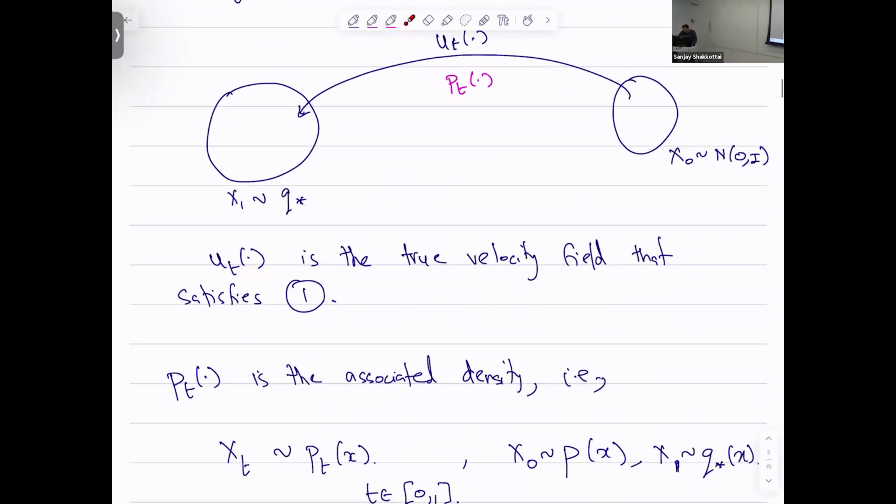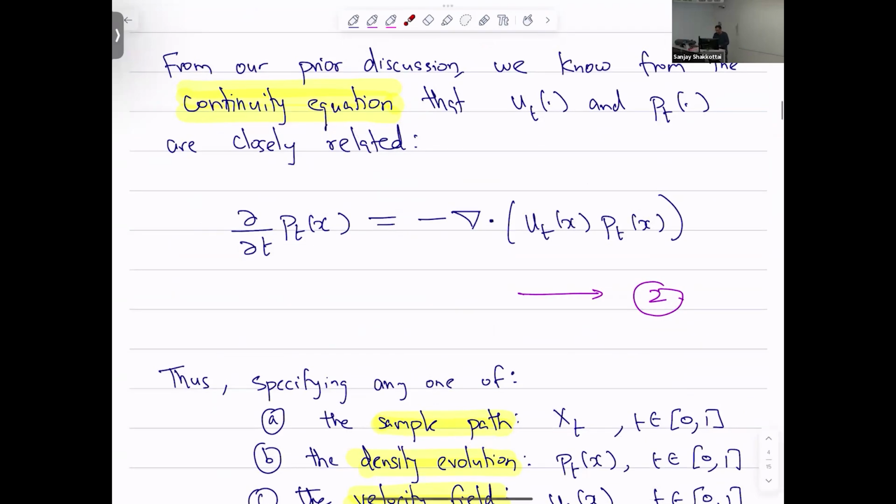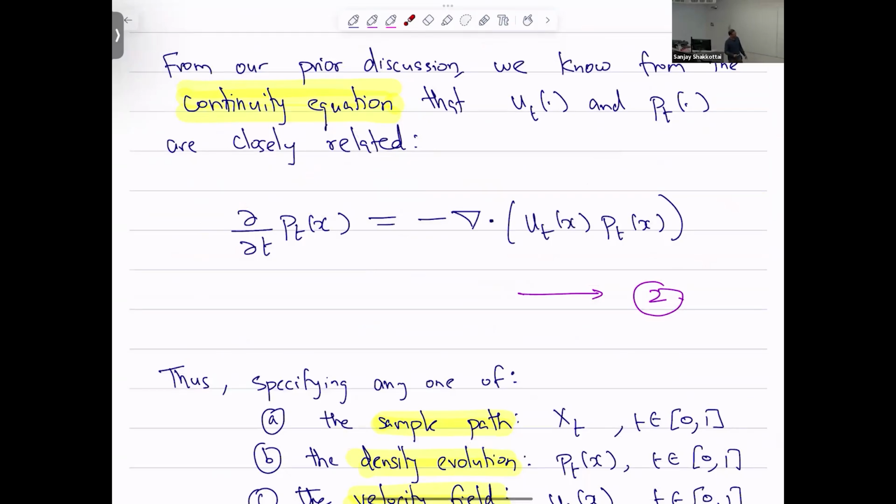And the continuity equation that connects the density evolution and the velocity field is the following. It says that the derivative of the density plus the divergence of the probability flux must be 0. It's just conservation of probability mass. If you have a mass flux, the divergence is talking about outgoing mass.